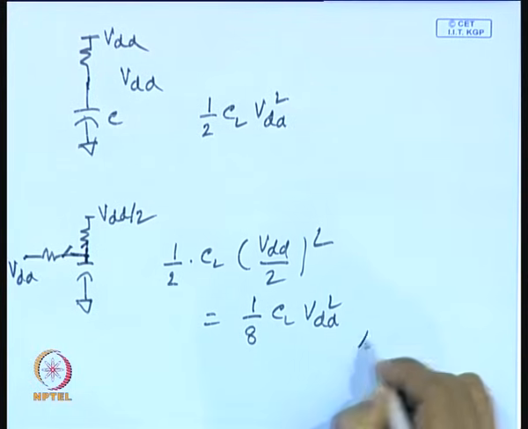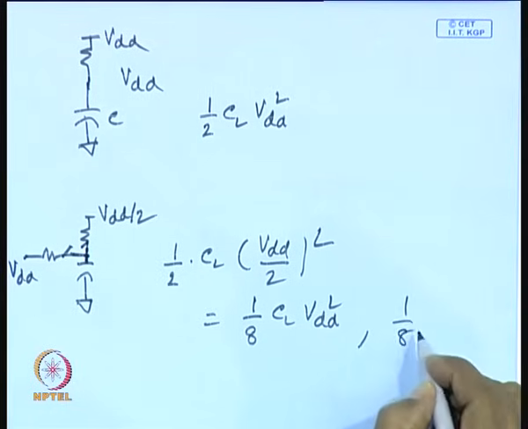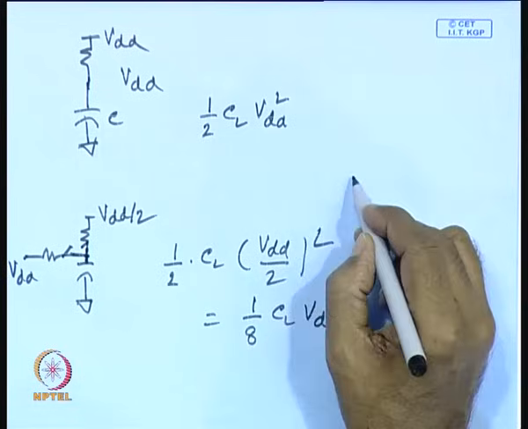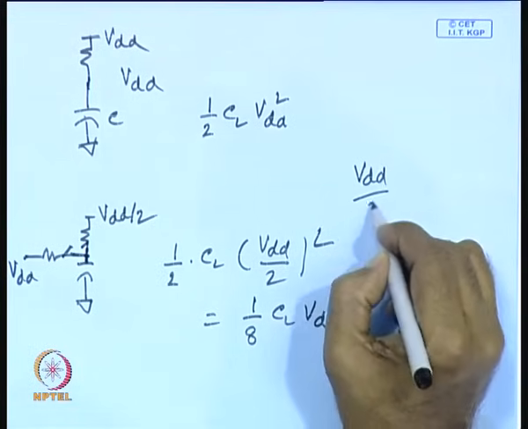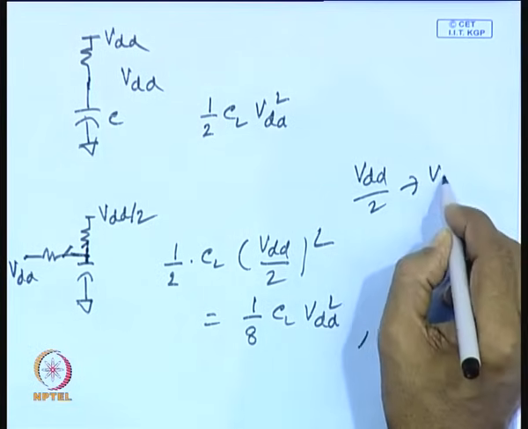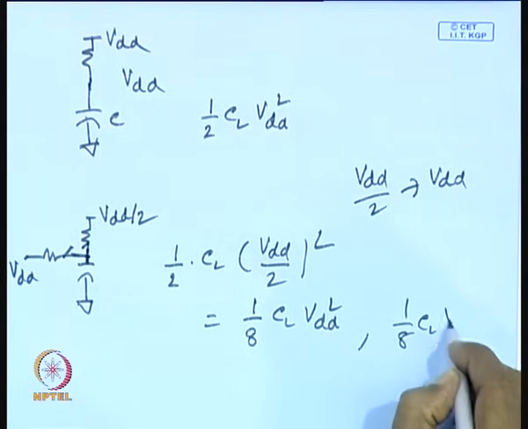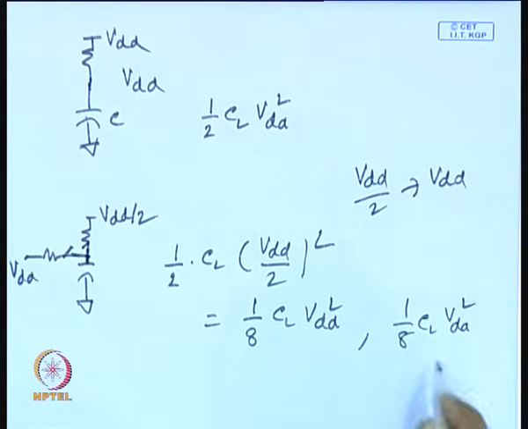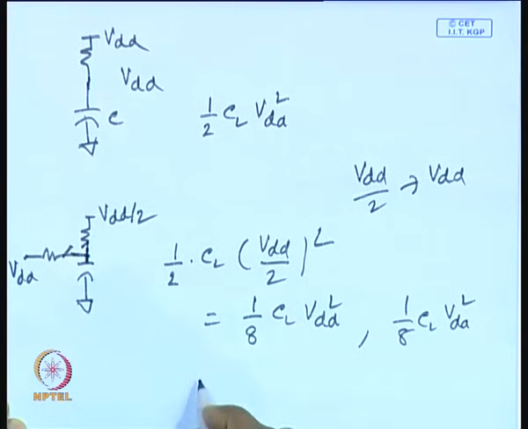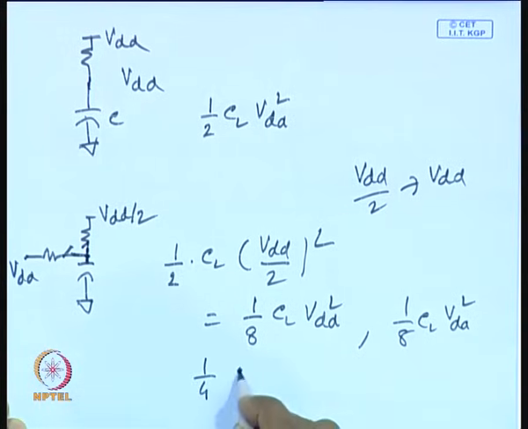In that case, what will be the power loss? Since it is charging from VDD by 2 to VDD, again a loss of 1 by 8 CL VDD square takes place. If you put them together, it will be 1 by 4 CL VDD square.